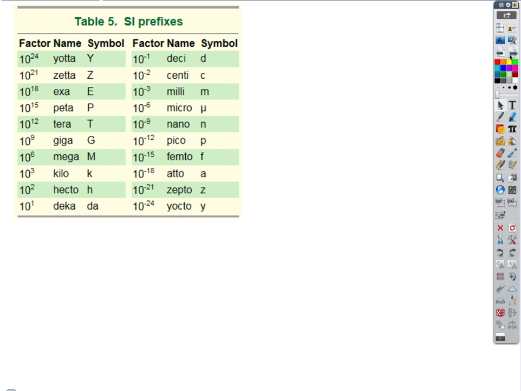I think our book only goes up through tera, which is pretty big, and then down through femto. But there are others. I don't know what they are. If you asked me what 10 to the 24 was, I wouldn't have known. I would just Google it.